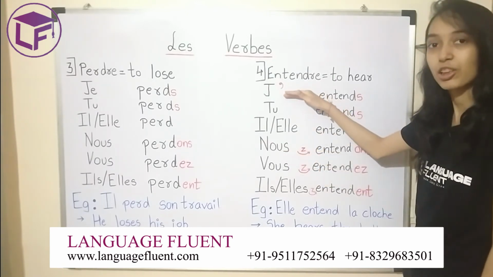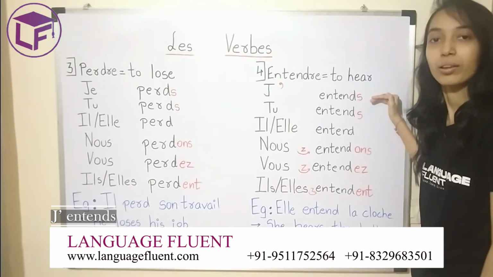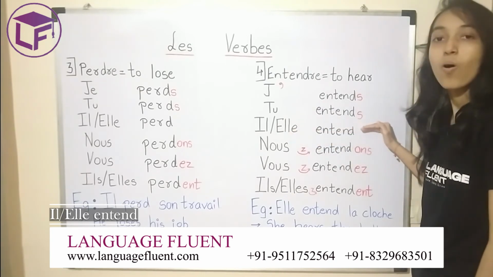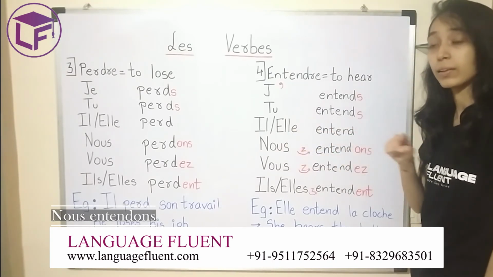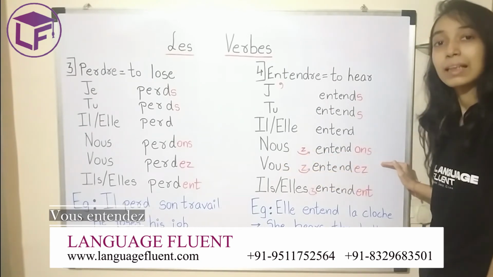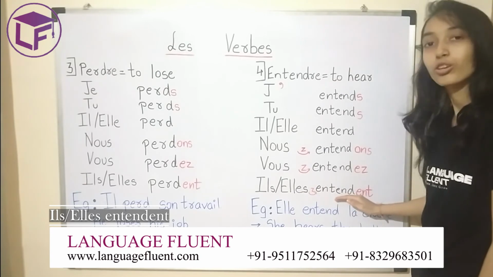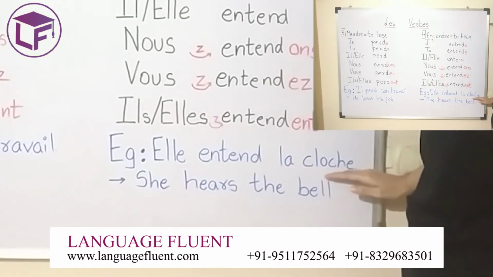So the pronunciation becomes j'entends. J'entends. Tu entends. Il, elle entend. Nous entendons. Vous entendez. Ils entendent. Elles entendent. For example, elle entend la cloche, which means she hears the bell.